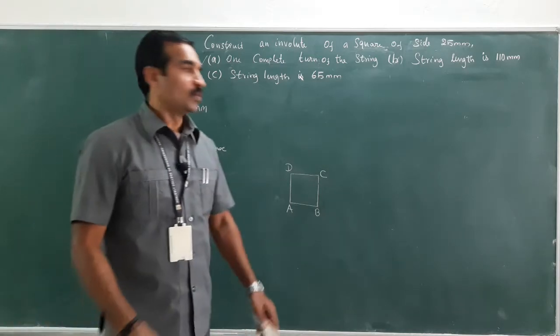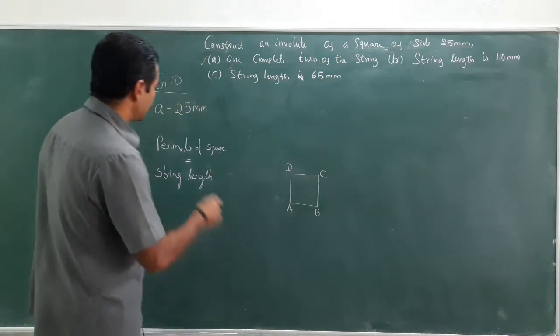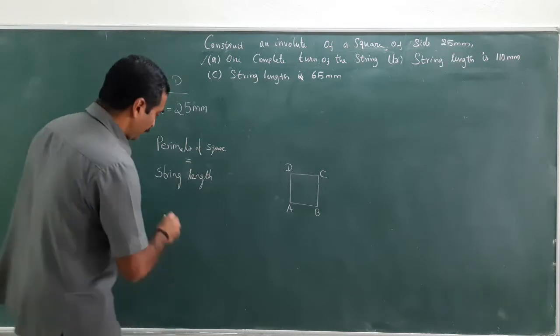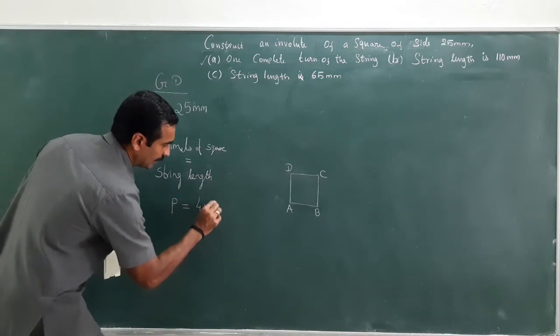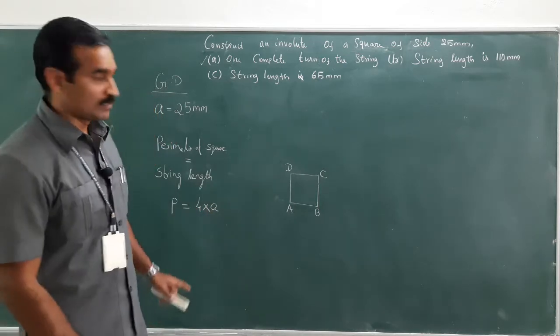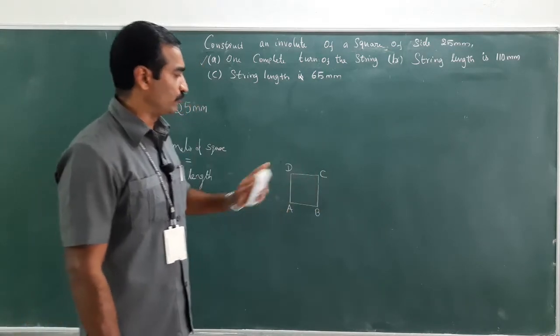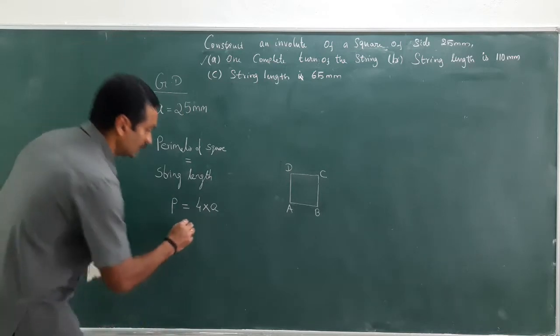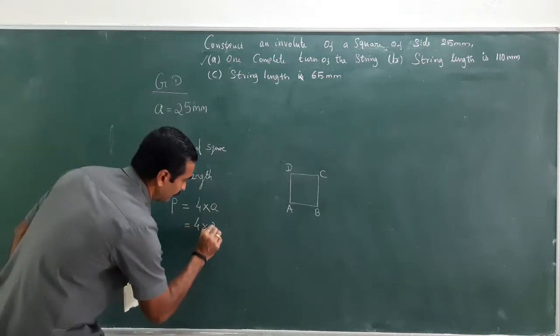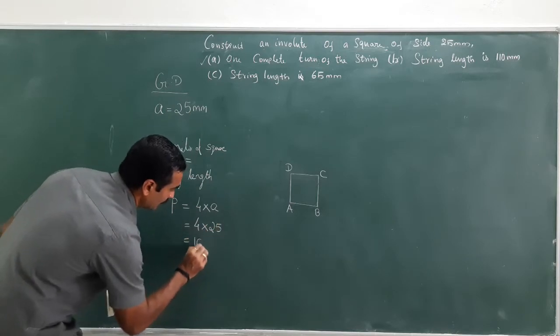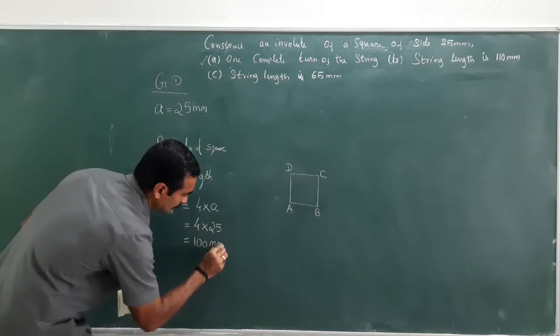What is the formula for the square perimeter? The perimeter of a square is 4 into A, that is the number of sides. How many sides are there? 1, 2, 3, 4 sides. So 4 into 25 is equal to 100 mm.